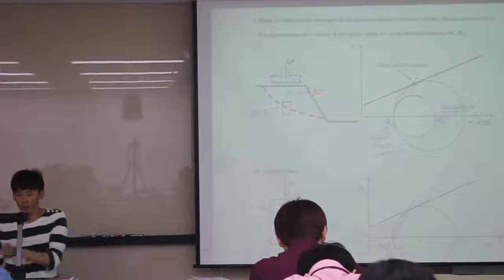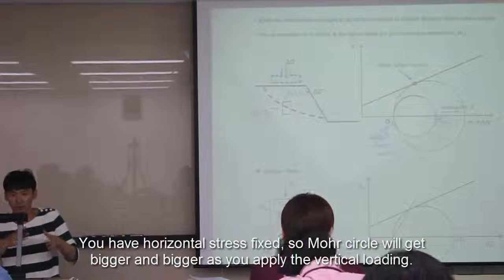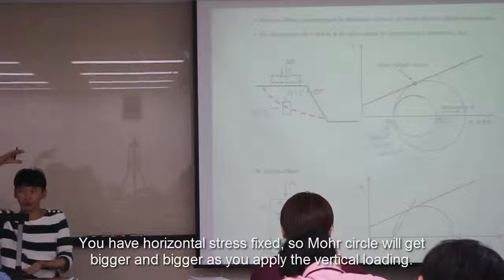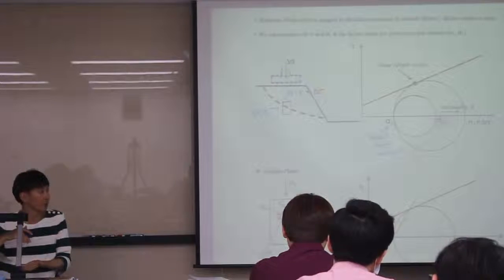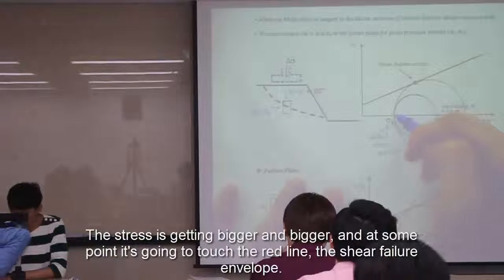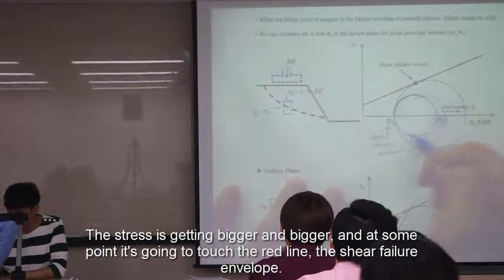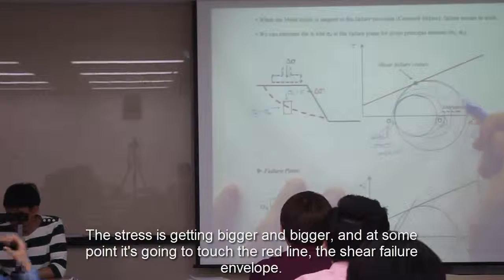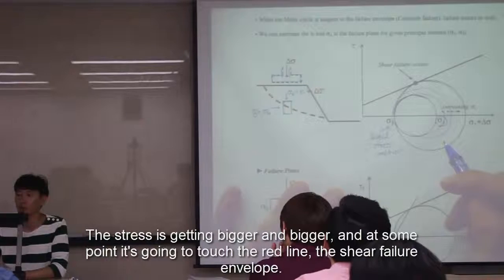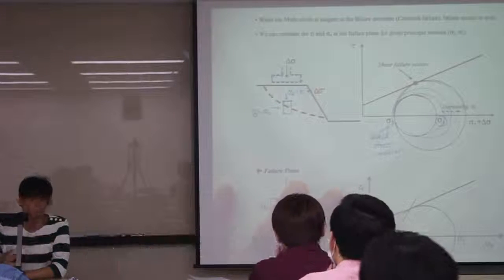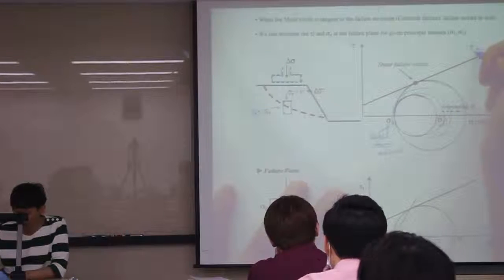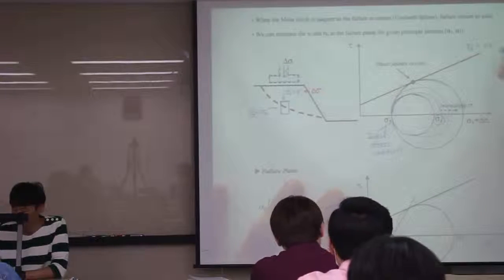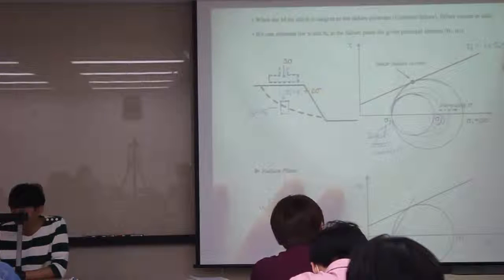And you have a horizontal stress fixed, so the Mohr circle will get bigger and bigger as you apply the vertical loading. So the stress is getting bigger and bigger. At some point, it's going to touch this red line, the shear failure envelope. So this is the Coulomb failure criteria, C plus sigma n tangent phi.